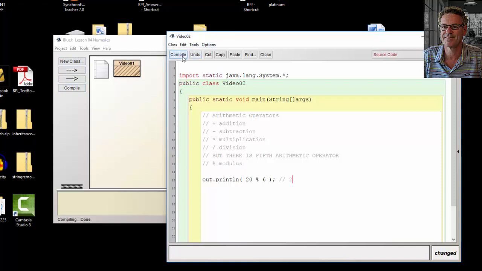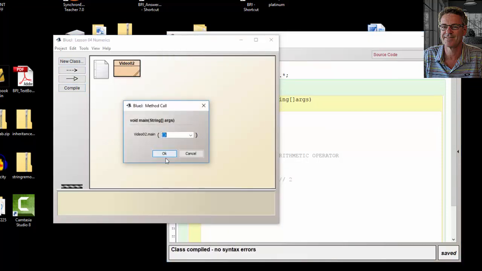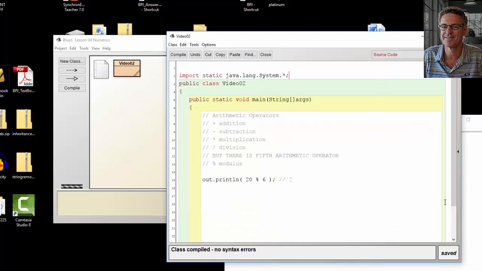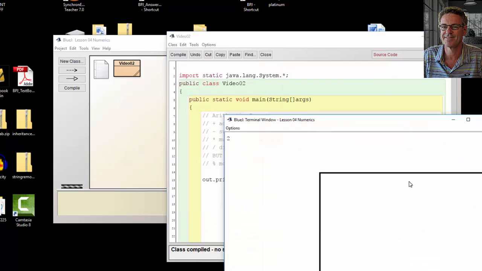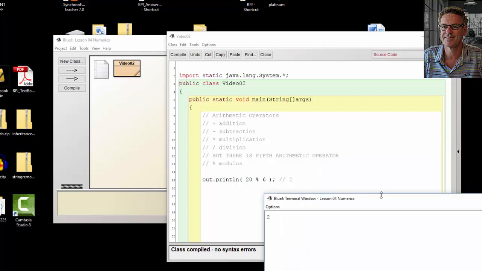Let's compile. Good. Run it. And there's that 2 on the screen because that's the remainder of the long division 20 divided by 6. Again, you mastered this just before middle school or right around the start of middle school, probably before.